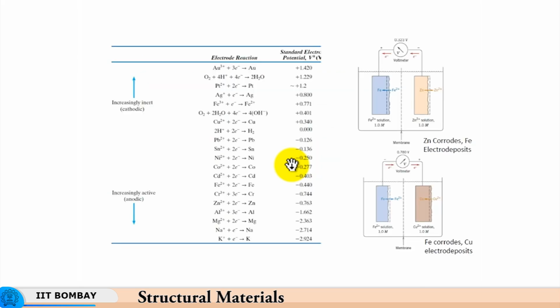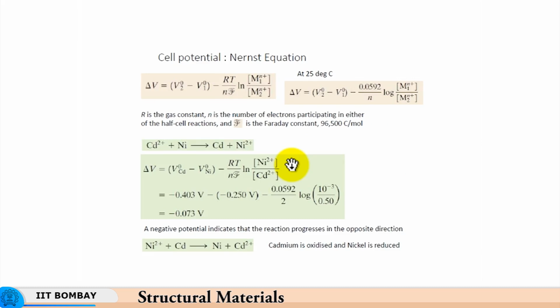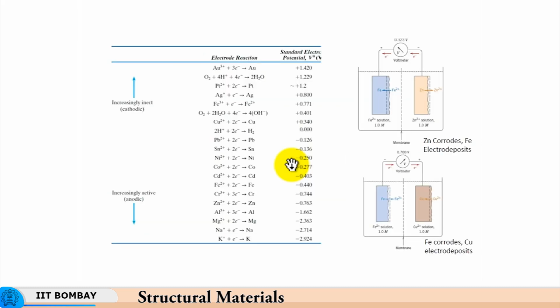And so, when we compare the potential generated with respect to the half cell of hydrogen, then we find that some metals are cathodic and some are anodic. We have already seen this, and we have also seen that the molar concentration is not always 1 mole.